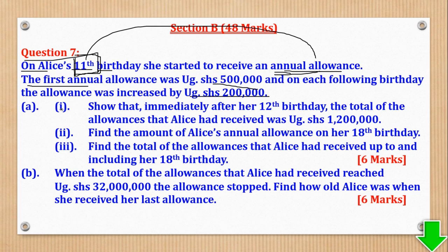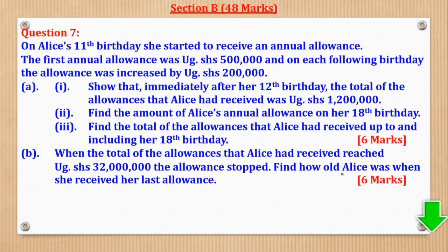Part A, Roman 1 says, show that immediately after her 12th birthday, the total of the allowances that Alice had received was shillings 1,200,000. I think let's begin with that. If this was an increment, it becomes a common difference, implying that this is now an arithmetic progression.